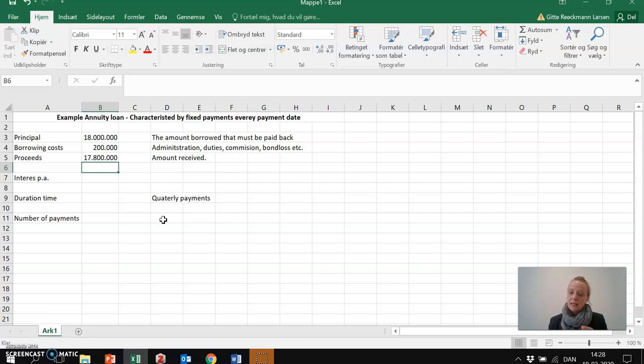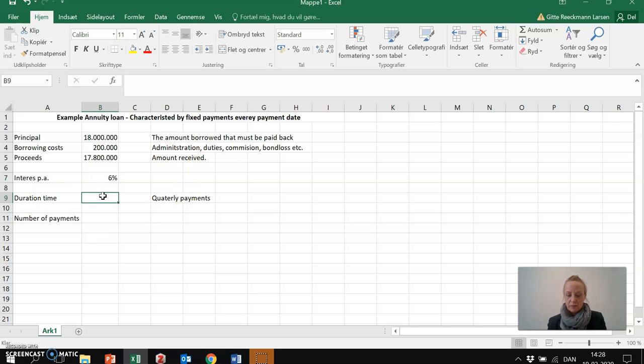This also means that you could face a case where the company needs 17,800,000 for this investment, and you're asked how much the principal will need to be under the circumstances of these different types of costs. So we can switch the perspective like that. In my example here, the interest rate is 6%.